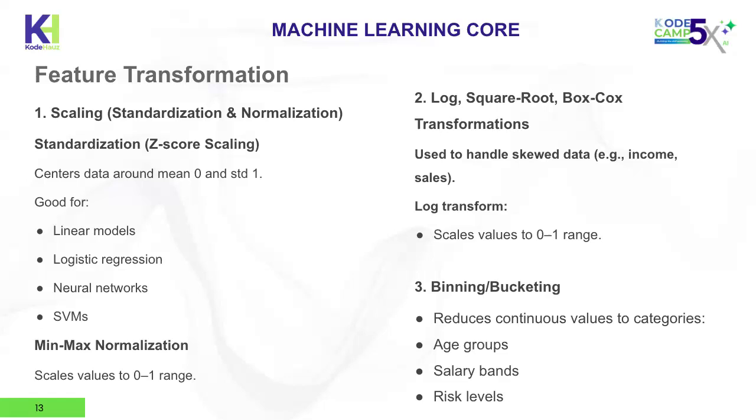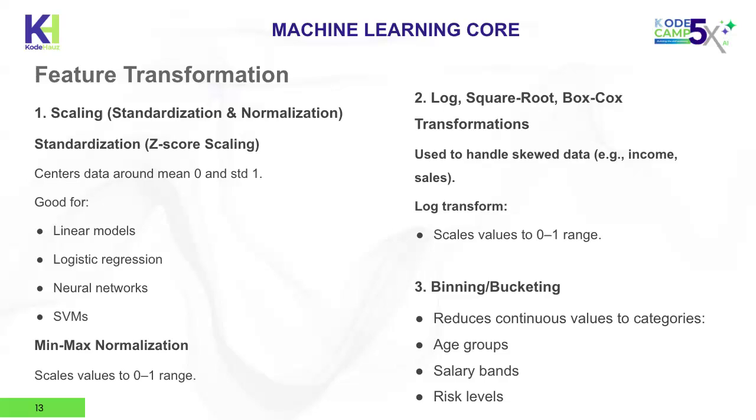Standardization means it's centered around 0, so the mean value will be at 0, and with a standard deviation of 1, other values can extend outwards from 0 in the positive direction and also in the negative direction, and could go all the way beyond that. Even though the range may extend to 1 or beyond, the standard deviation of all your data samples is going to be 1. That is standardization, while in min-max the lowest value is going to be 0 and the highest value is going to be 1.